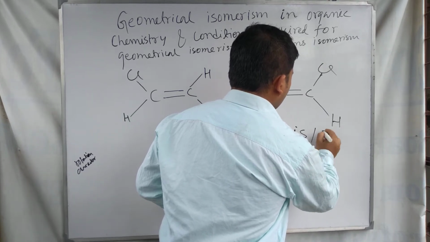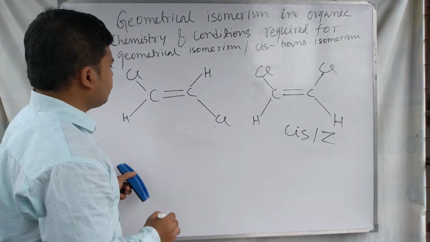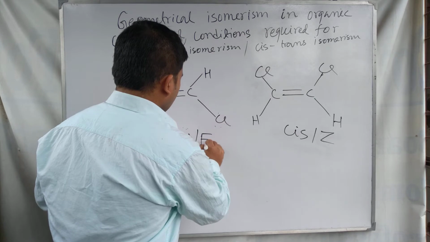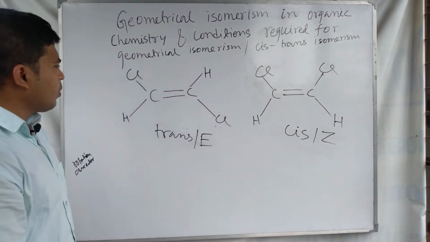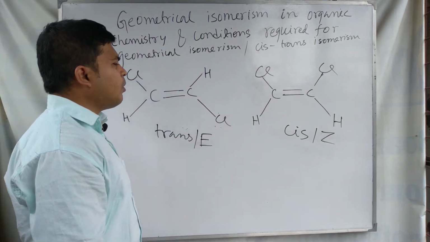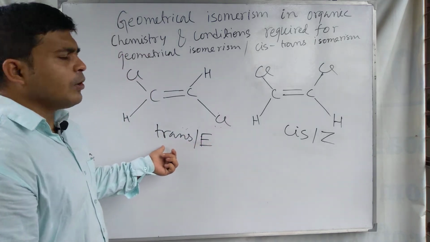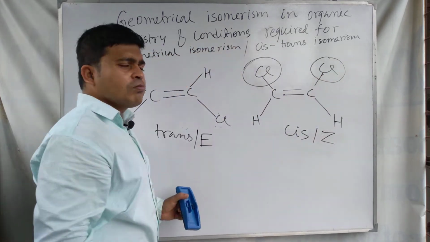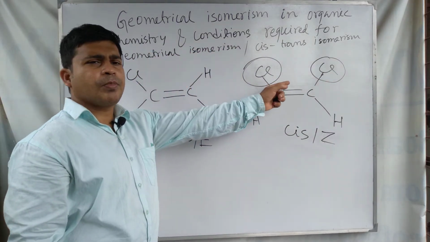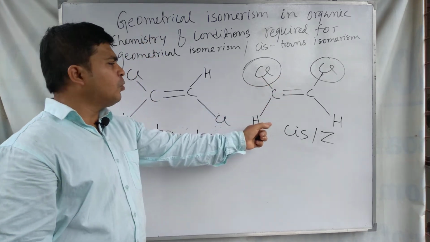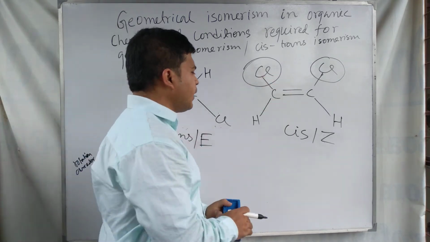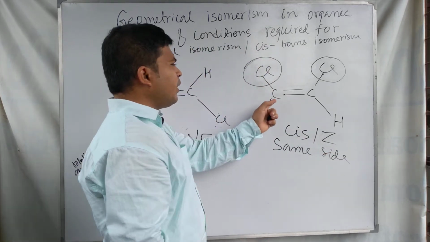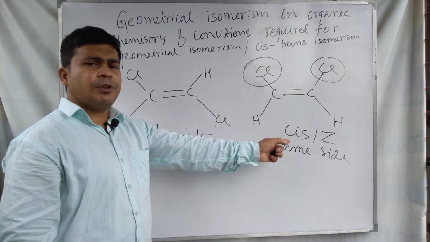This one is called cis or Z isomer, and this one is called trans or E isomer. This one is cis and this one is trans, because the higher priority groups, meaning the two chlorines here, are on the same side of the double bond in the cis isomer.